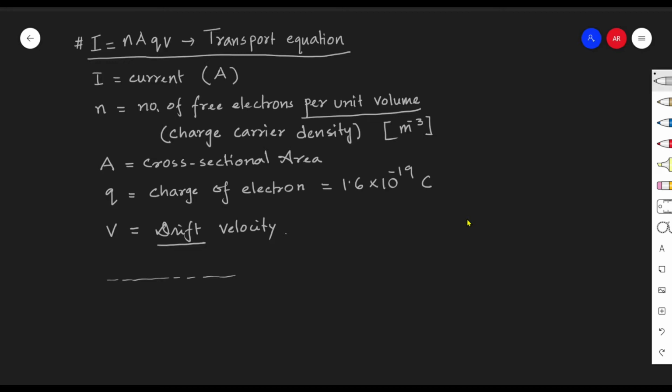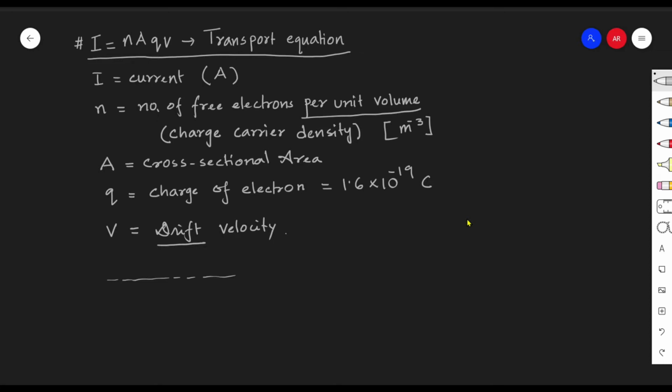For most metals, these charge carriers are electrons. The unit for number of free electrons per unit volume is per meter cube. Number of free electrons has no unit, but it is per unit volume, so it is per meter cube, meter to the power minus 3.